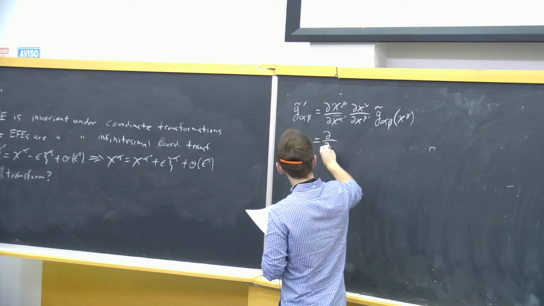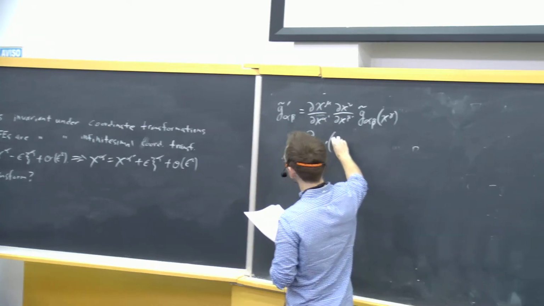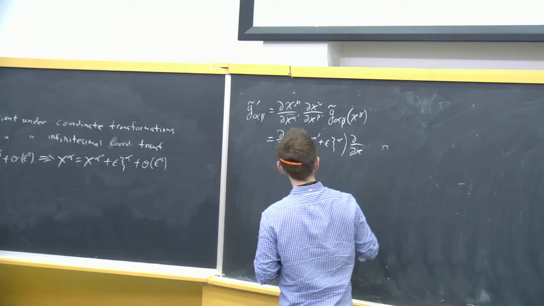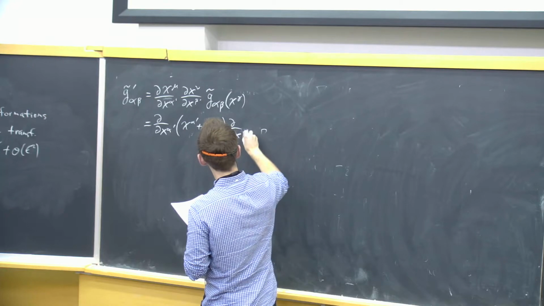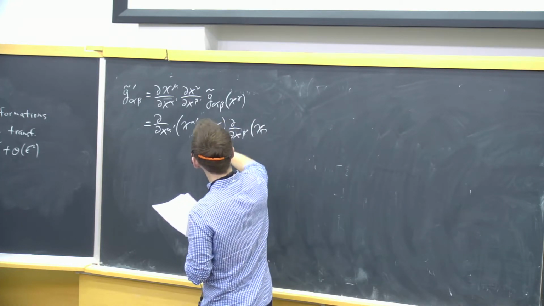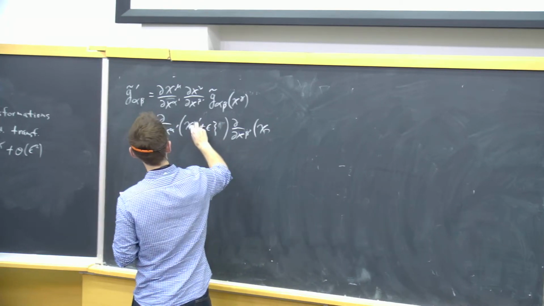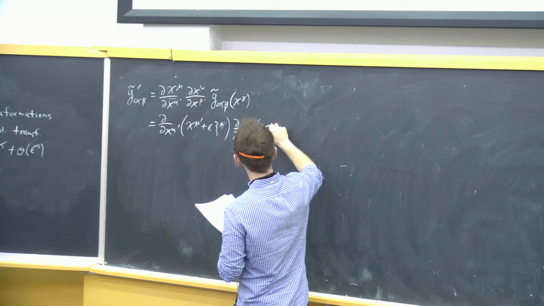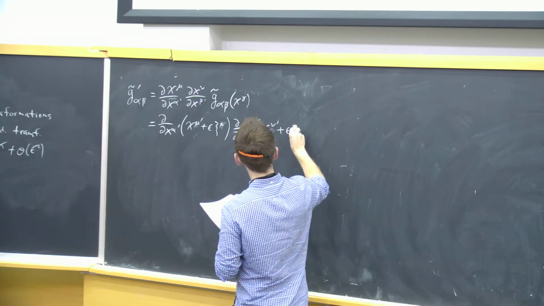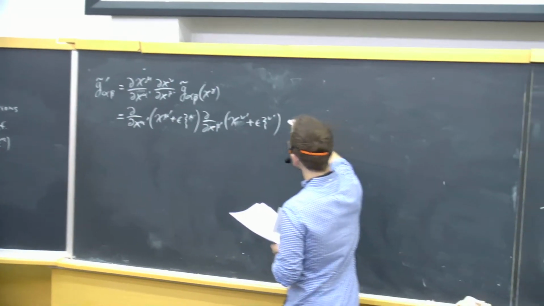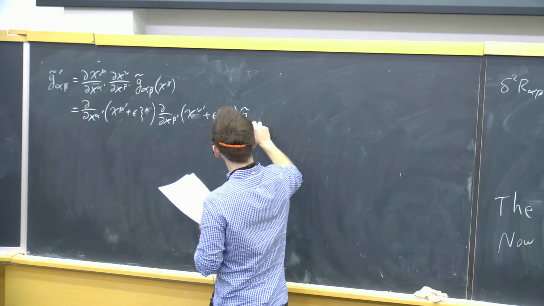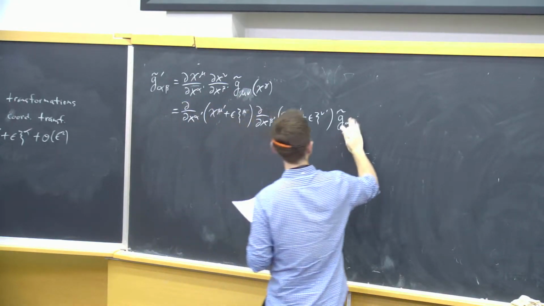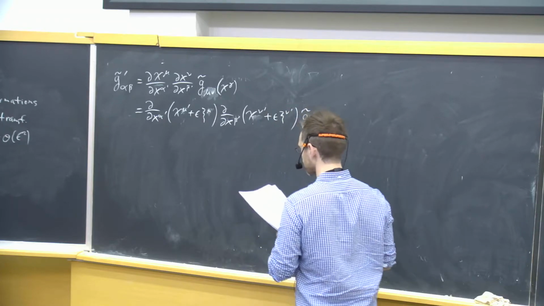So we have dx alpha prime acting on x alpha prime plus epsilon xi alpha, and dx beta prime acting on, sorry, there should be a mu, and beta prime acting on x nu prime plus epsilon xi nu, and this is multiplying, messing up my indices here. This is mu nu, and this is mu nu.